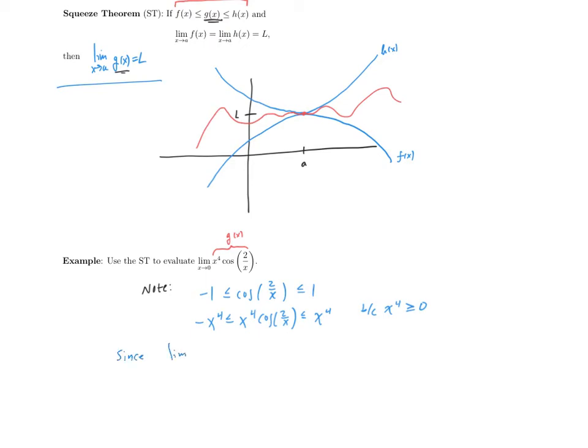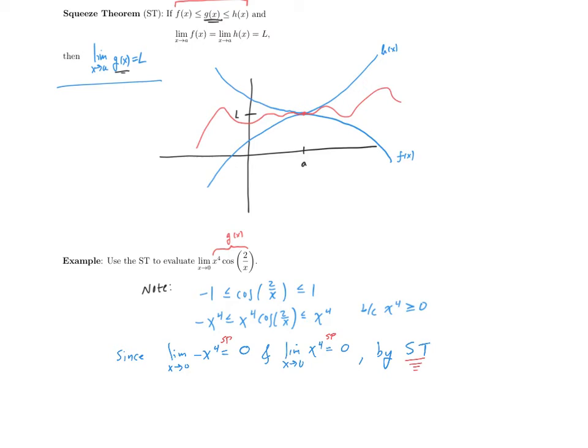So since the limit as x approaches 0 of minus x to the 4th equals 0, and I'm going to justify that with an SP, and the limit as x approaches 0 of the larger function x to the 4th is also 0, which we'll justify with the SP.